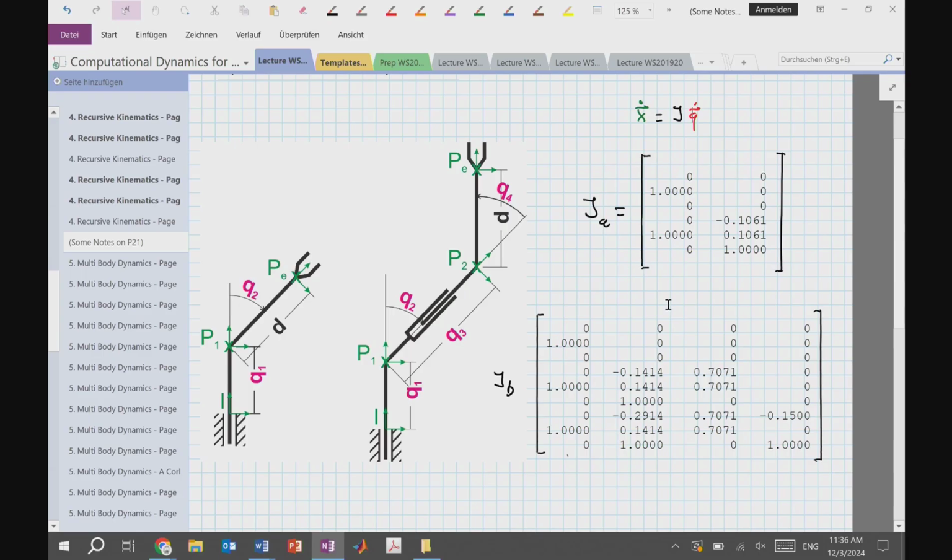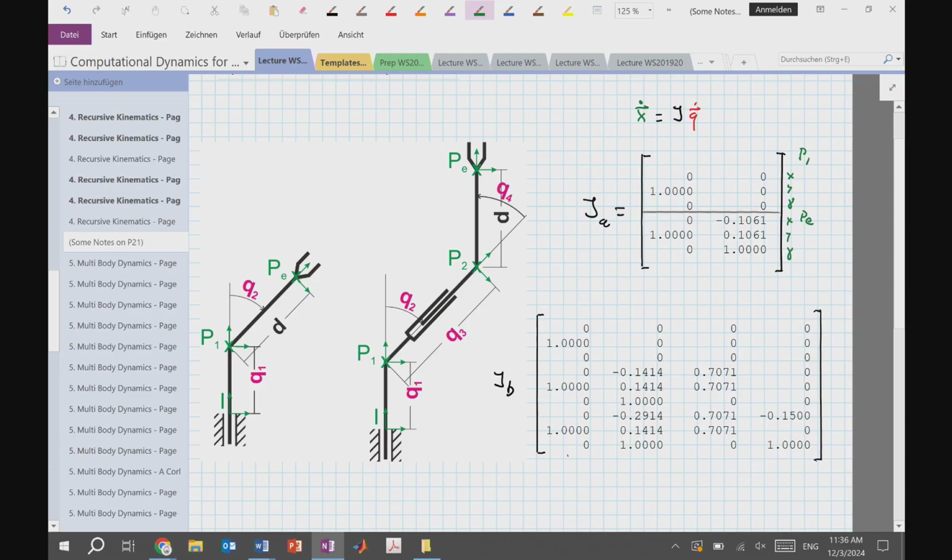So I have 6 Cartesian velocities, which I can directly separate into the 3 Cartesian velocities for my first point, P1. The rows would correspond to x, y, and gamma, xy position and orientation of body 1, and then the next 3 rows would correspond, not to P2, but to PE, the position of the end effector, which again has an xy position and an orientation gamma.